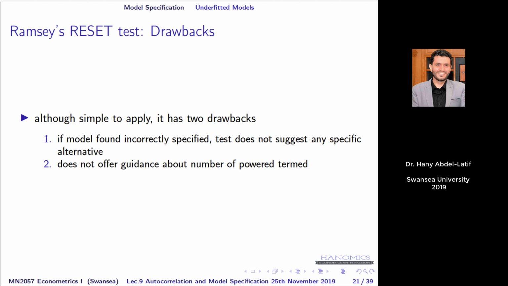So these are shortcomings or drawbacks of this test. It's not really clear. But in any situation, and in this situation, you probably can try another model, and then you do the test again and see if you reject or fail to reject the null hypothesis. Your null hypothesis is that the model is correctly specified, and if you fail to reject that, then perfect, that's great, this is something we're happy with, that's what we want.